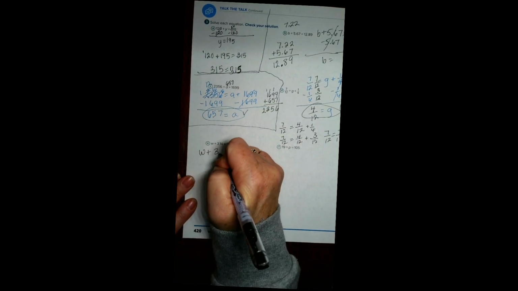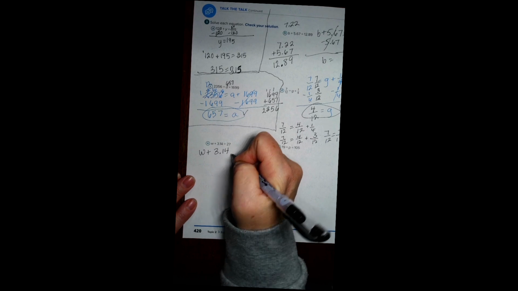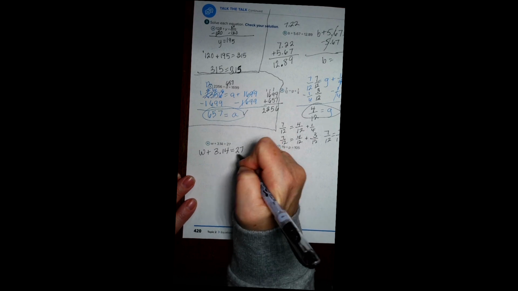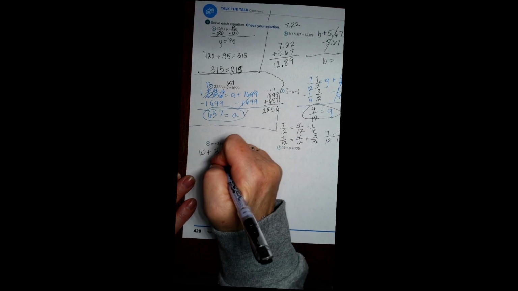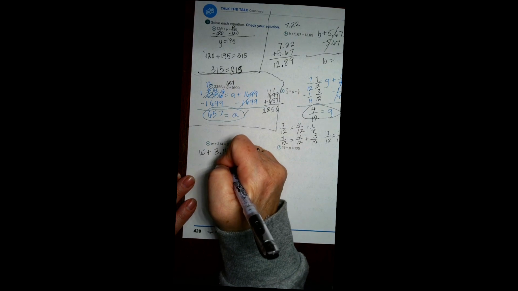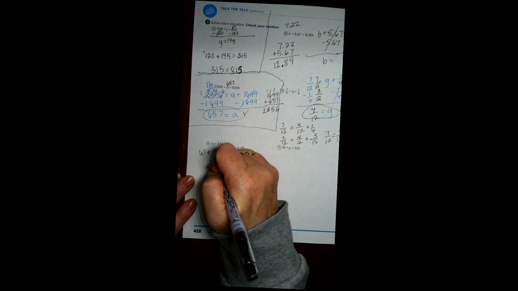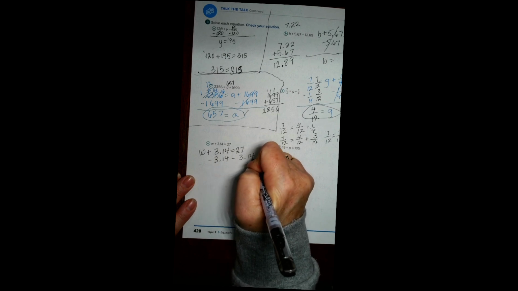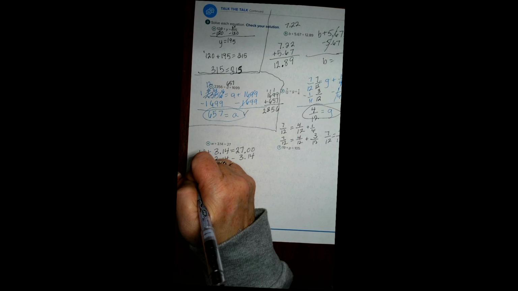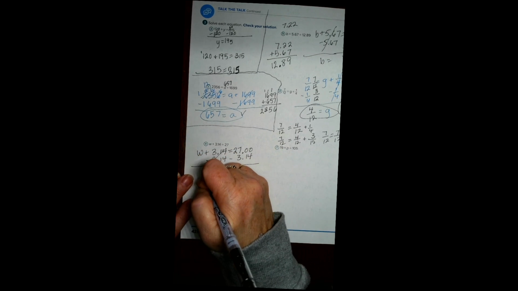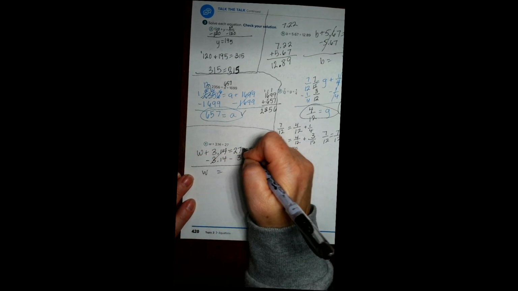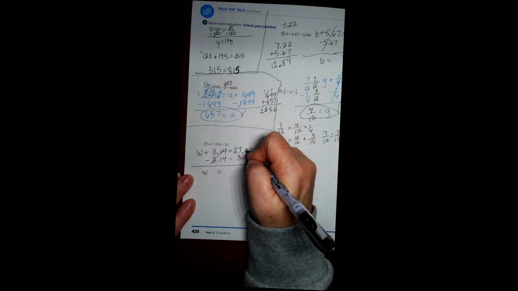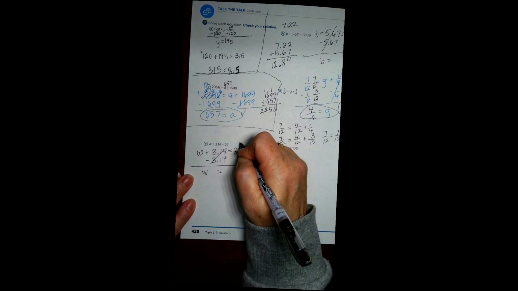w plus 3.14 equals 27. 3.14 is the value of pi rounded to 2 decimal places. So subtract 3.14, subtract 3.14. So we're going to have to put zeros in here. So we have w equals, we can't do 0 minus 4. There's nothing to borrow here. So we have to go all the way over here to this 7.